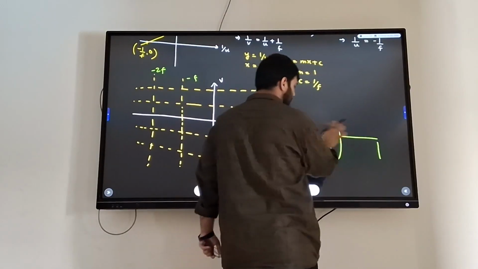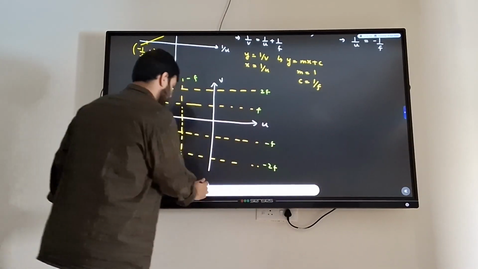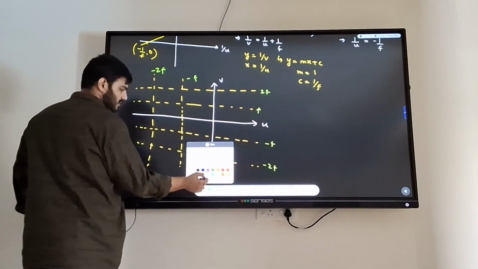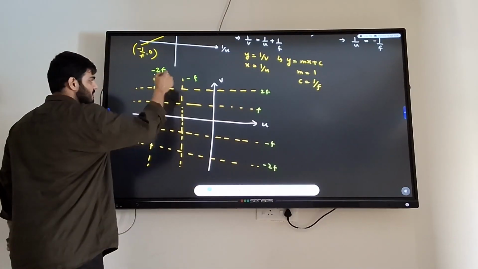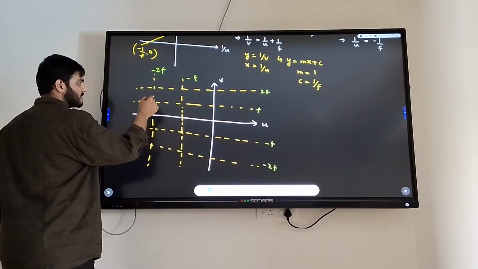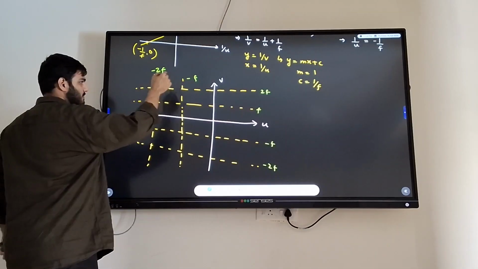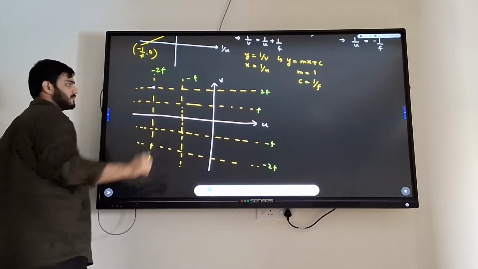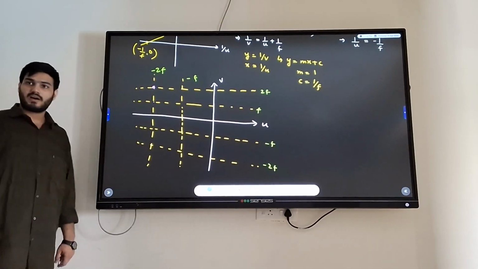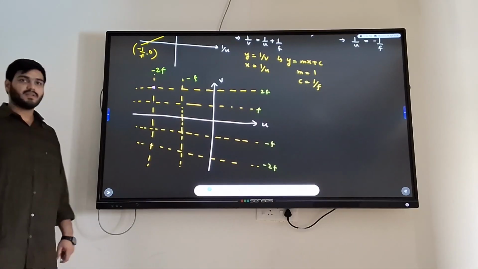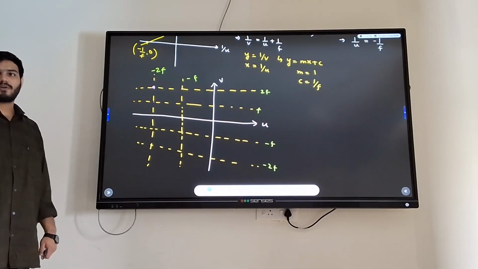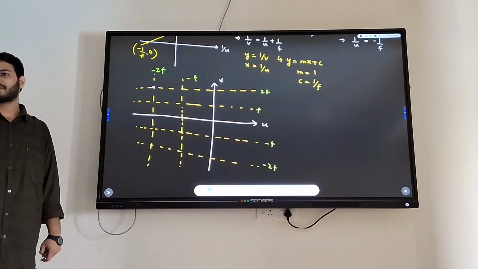So if I place my object at minus 2F, I will find my image at plus 2F. So the value of u is minus 2F here, and the value of v is plus 2F here. Are you okay with that? If I place my object at focus, where will the image be formed?